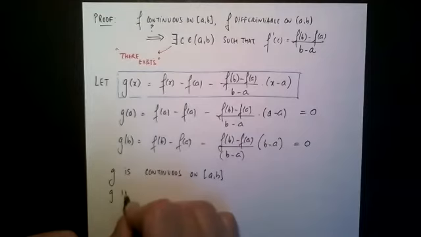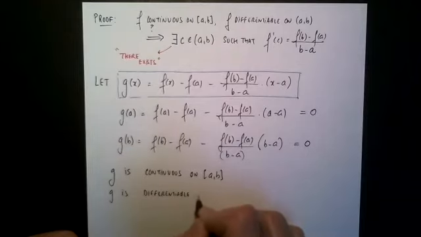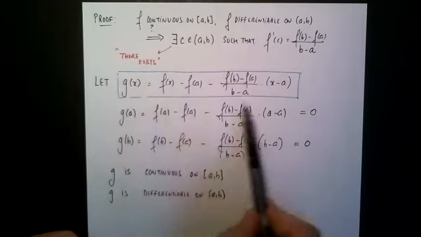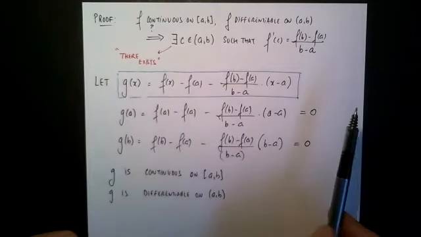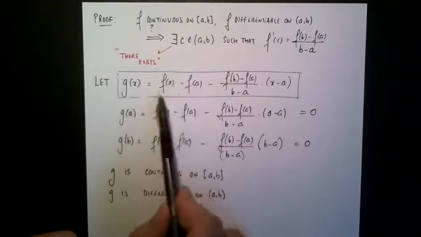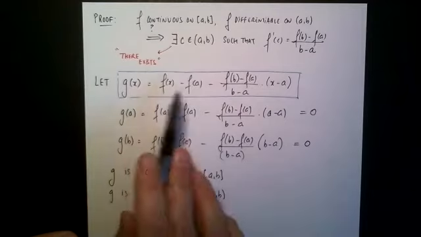And g is differentiable on ab, because if I take the derivative of this, I get f prime minus this number, and there's no problem because f is differentiable.